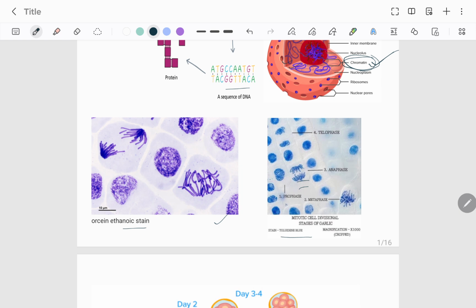I'm simply saying that different dyes impart different colors. Here blue color, here purple color. So different dyes impart different colors to the DNA, and then you can see the DNA because of the dye in a cell that is undergoing cell division. See here, you can see the chromosomes in different phases of the cell cycle, which we will study when we study the cell cycle.